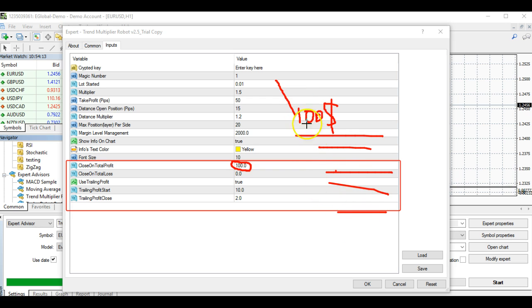The moment it reaches down and creates a profit of $100, all this will be closed and ended with your profit of 100 USD. All right. And this profit here, you can change to any value. Maybe 100 is very big for you. You can change it to $10, or $5. The moment it reaches $5 or $10, all the trades will be closed. All right.